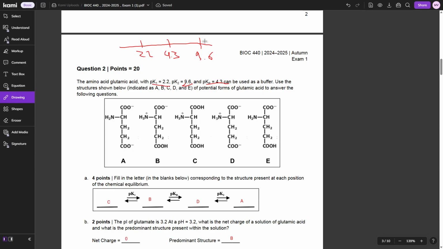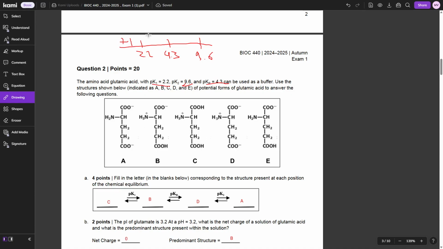But we know that this looks like glutamate, right? And we know that if we drop all the way down to pH 0, we're going to be positively charged. All the groups that we have are the COO group, the COO group, and this NH2 group. At a pH of 0, the amine will be protonated, the carboxylate will be protonated, and the carboxylate will be protonated, right? So we'll have a +1 charge down here.